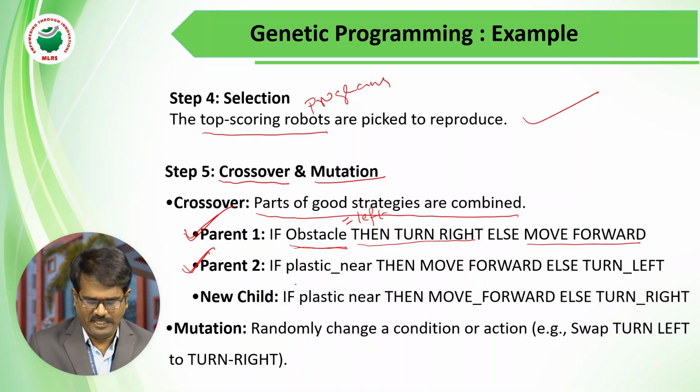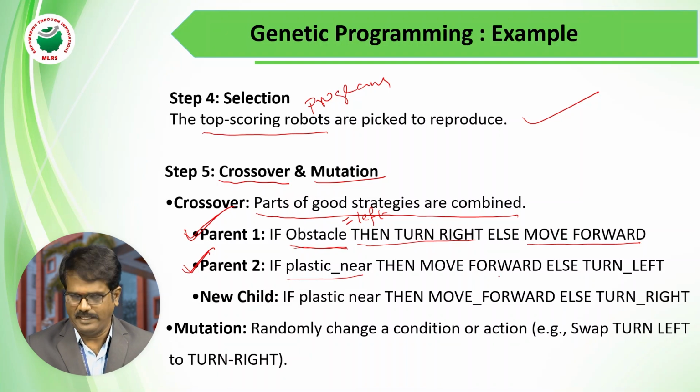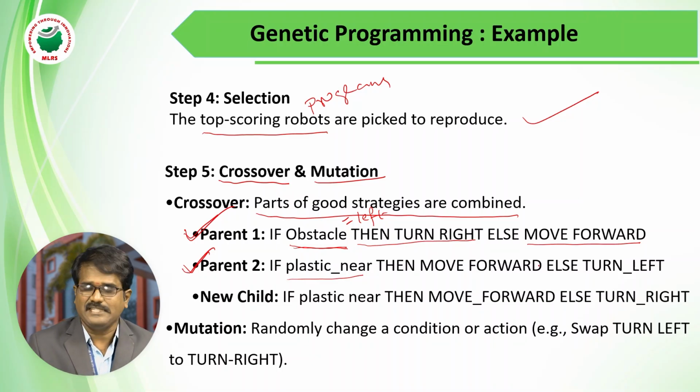The second parent is: if plastic is near, then move forward, else turn left. This is the second best program found in the previous step. By taking these two good programs, we need to mix them up, generating one new child.